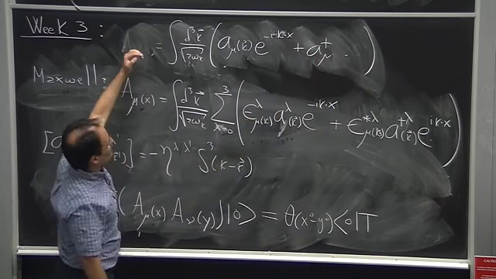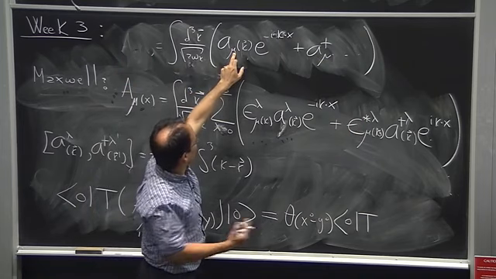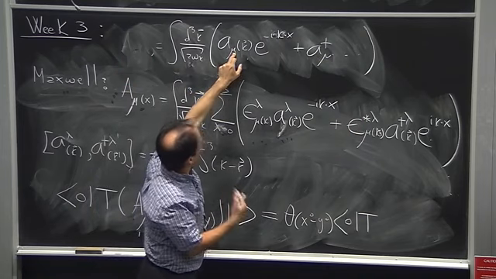Because now it's literally a collection of 4 scalar fields, 4 Klein-Gordon fields.